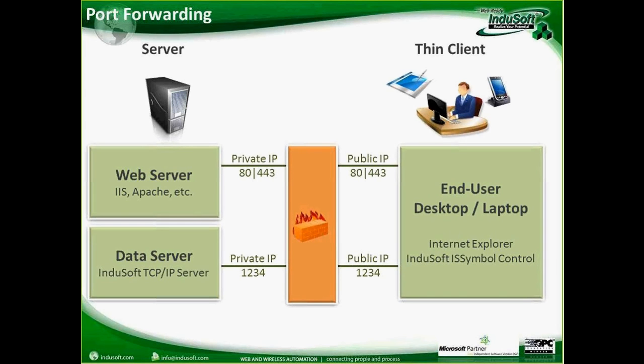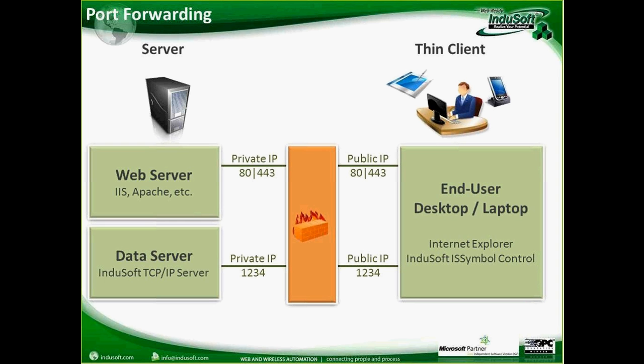One of the typical scenarios for doing this is something called port forwarding, which is basically a router technology which allows you to forward traffic from your public internet interface to an internal interface, and then route that to any specific machine. So if you have a public IP address and someone connects to port 80, then you can configure the firewall to allow that port 80 traffic to go to the web server supporting InduSoft.